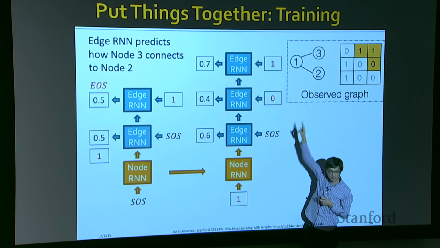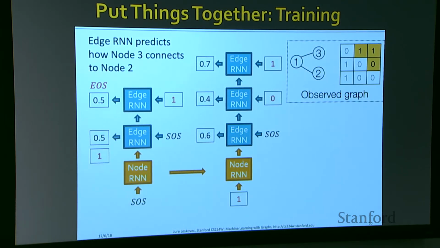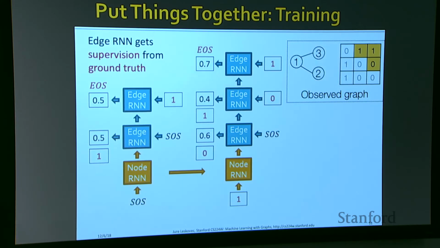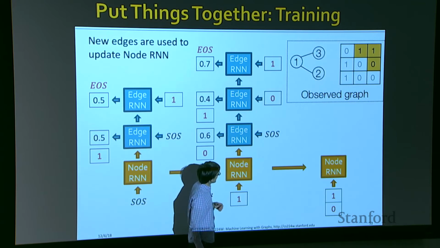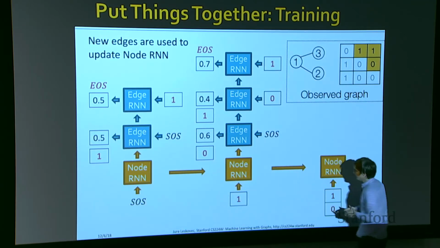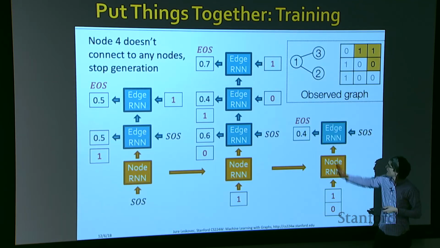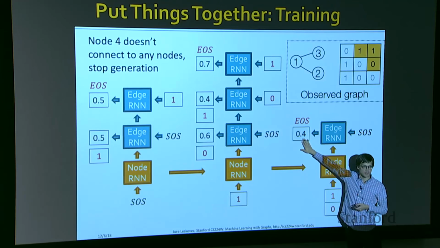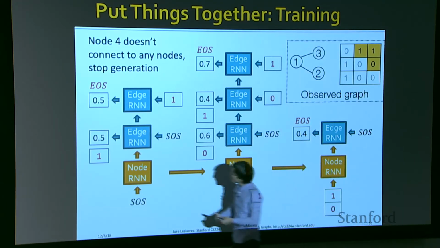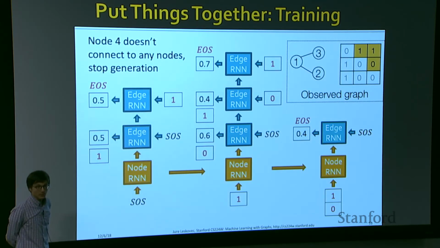Again, those are written in red. Now that we have done that, we take the hidden state, put it in here, and here we want the edge level RNN to say end of sequence, we are done. Okay? And this is now the process to generate this graph on 3 nodes and 2 edges.